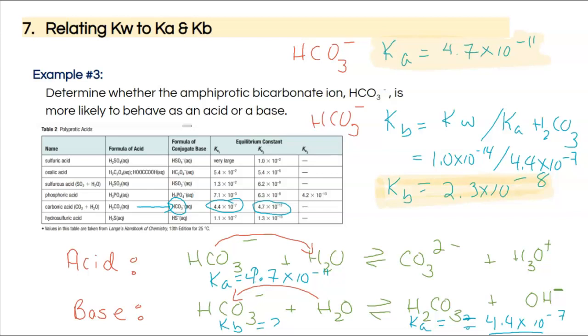And so very clearly I can see that in this question, my Kb is larger than my Ka value for HCO3 minus, for bicarbonate. That is telling me that bicarbonate is acting predominantly as a base. Well, that is more likely to happen.